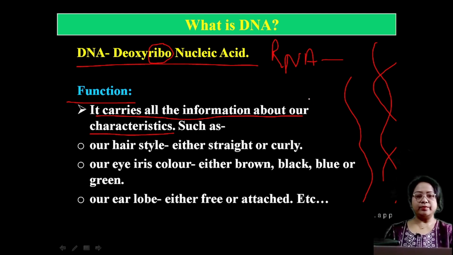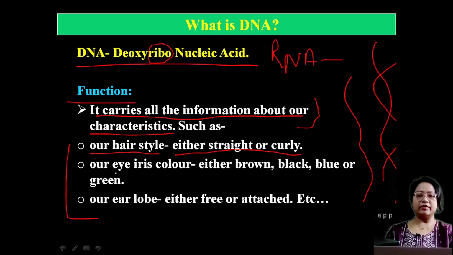So that means those characteristics will be carried from the parents to the offspring, or you can say information of characteristics that will travel from generation to generation. Let us see what type of characteristics. Your hairstyle, that will be either straight or curly, will depend on what type of characteristics came from your parents.